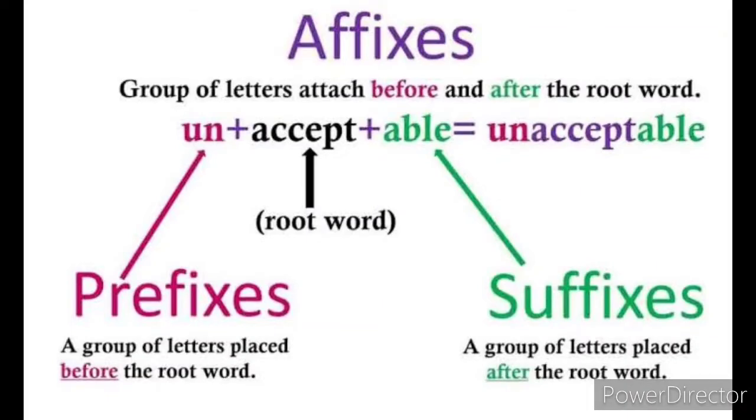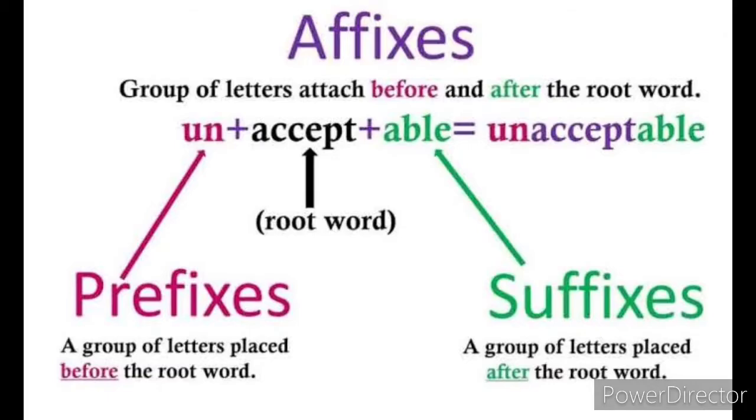So here in this word, un is the prefix, and the suffix is able, A-B-L-E. Because we are adding at the last, that is after the root word, that is known as suffix. So together it is unacceptable.